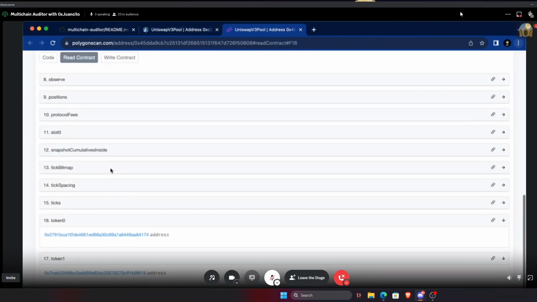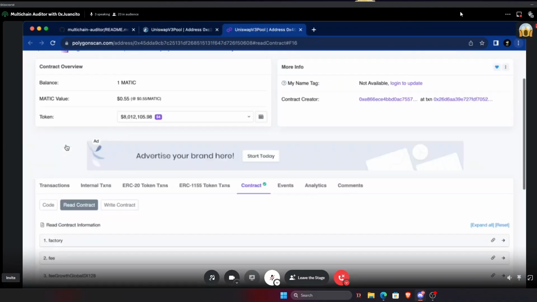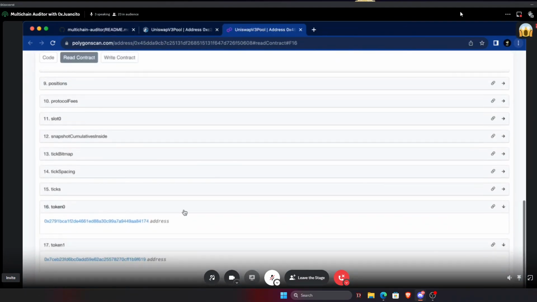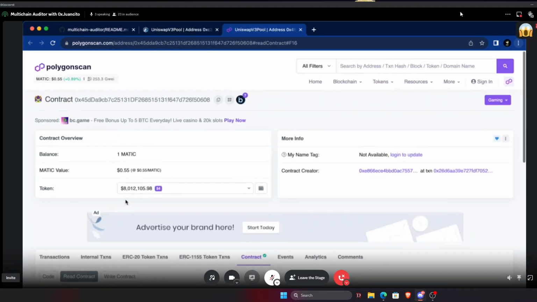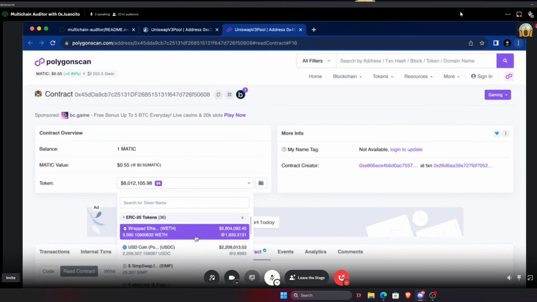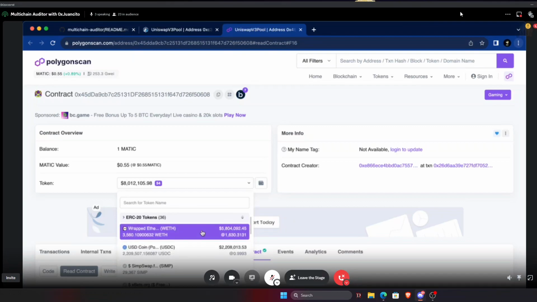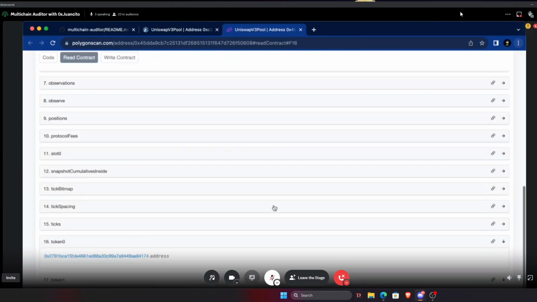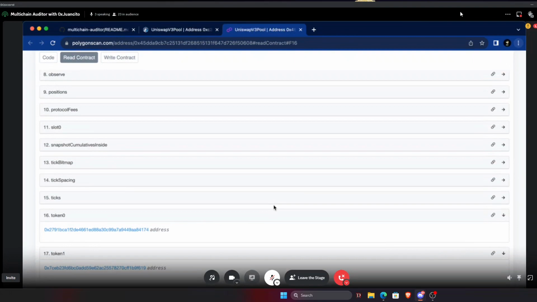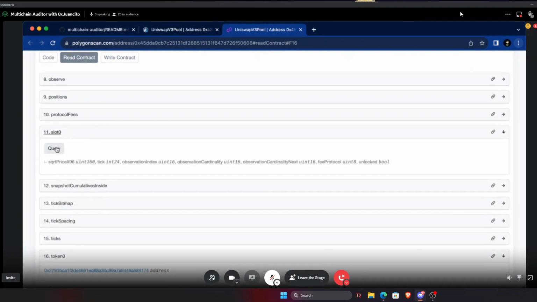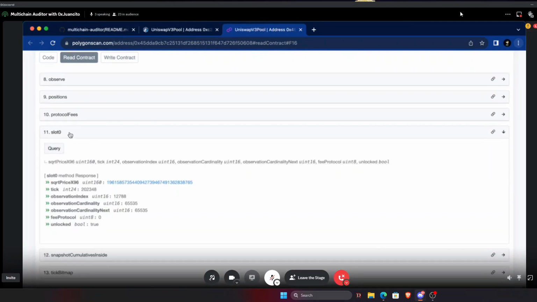And what does this mean for us? Well, if you check the price, you'll see that the price is the relation between token 0 and token 1. So it's how many wrapped Ether are per USDC or how many USDC are per wrapped Ether. So the order is very important. And if you go to check the price here in slot 0, you check the latest price, but don't use it as a reference. Use an oracle for this, but we can check the price here.